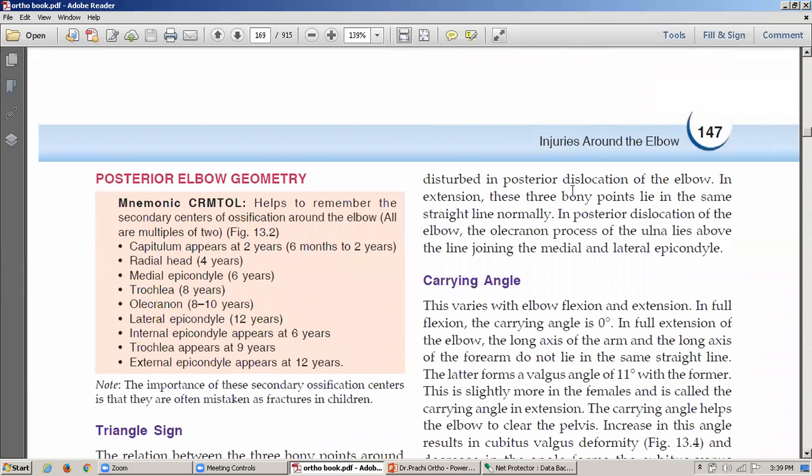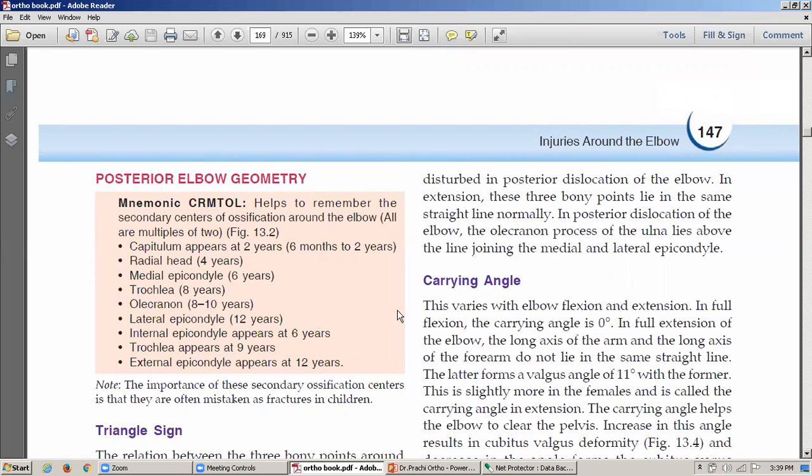And it is disturbed in the posterior dislocation of the elbow. In extension, these three bony points normally lie in the same straight line. In posterior dislocation of the elbow, the olecranon process of the ulna lies above the line joining the medial and the lateral epicondyle.